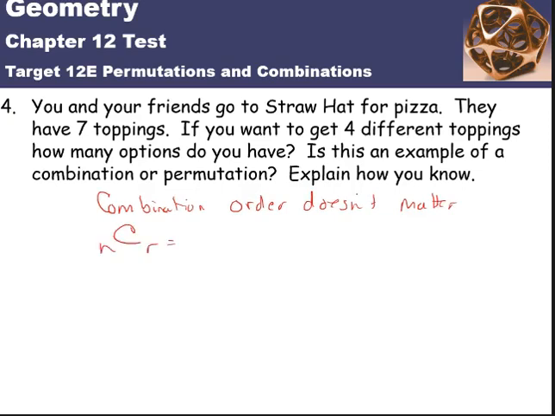N choose R, remember, is n factorial over r factorial times n minus r factorial. So the combination of 7 choose 4 is 7 factorial over 4 factorial and then 7 minus 4 factorial. So 7 factorial, 4 factorial, and 3 factorial.